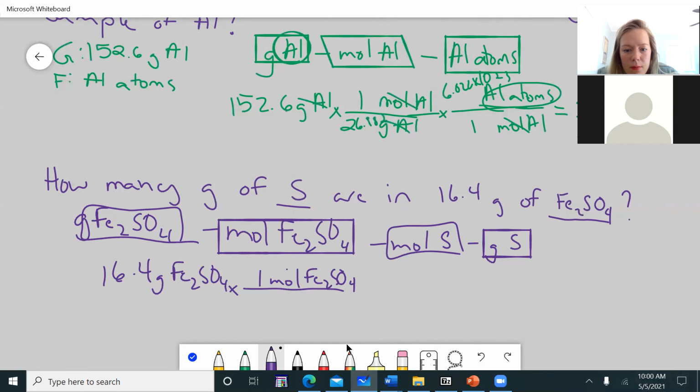So it's got a pretty heavy molar mass, 399.88 grams. Oh, no, not that heavy. Scratch that. Let me just calculate it out here real quick.